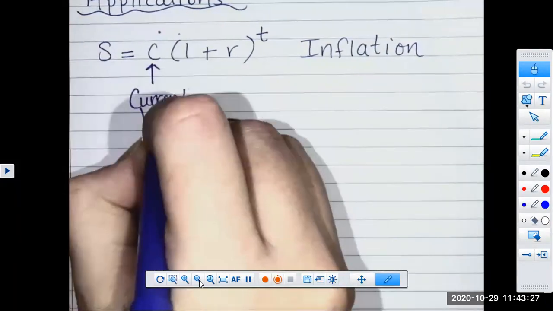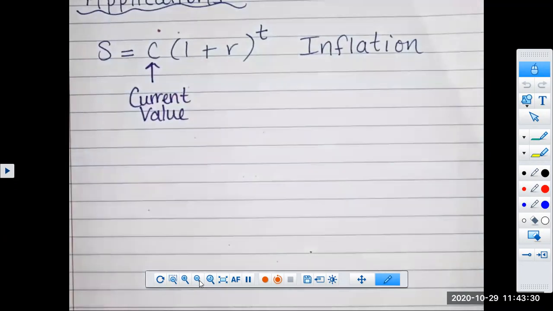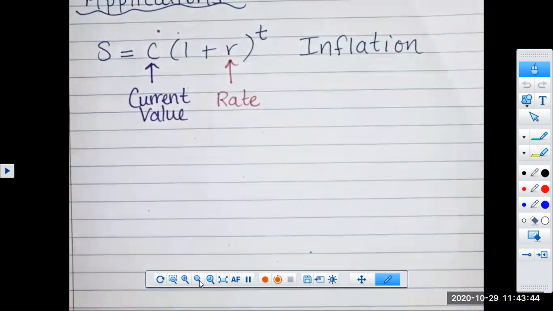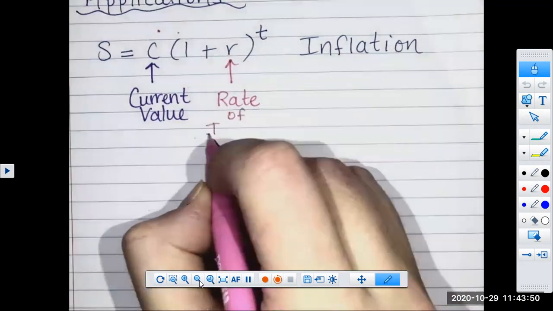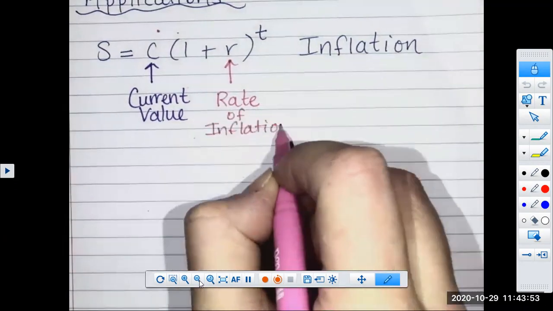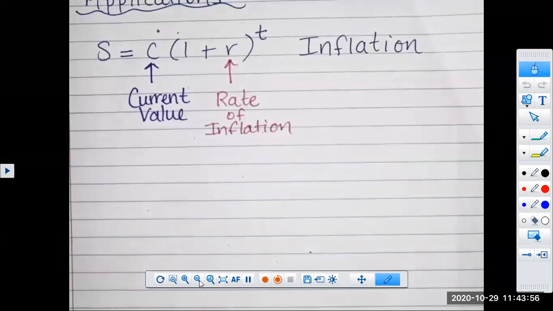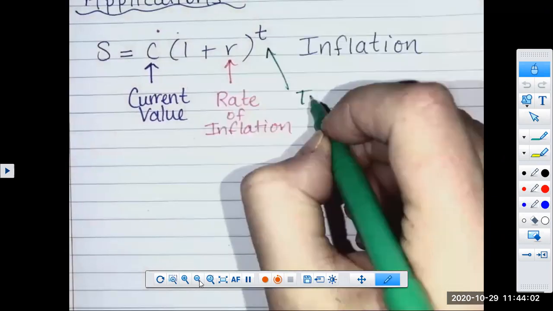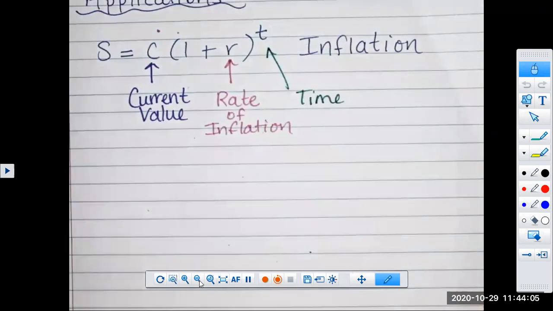What do you think R represents? R is your percentage, your rate. And of course, T represents time. So let's say you want to see how much a certain product's price will inflate after so many years.